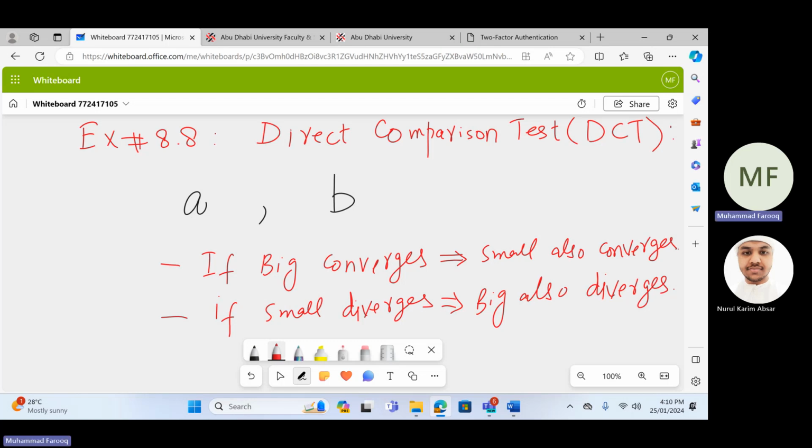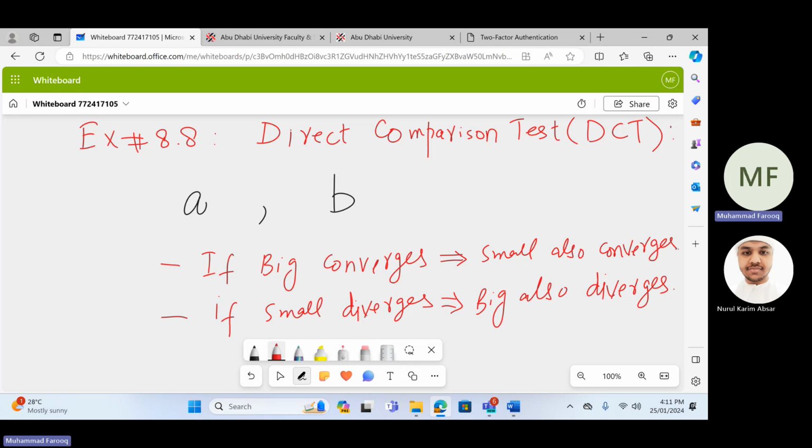Can you tell me what is the third situation you can get? If big diverges, is it available here? No, so it means DCT doesn't work. This test fails. We say inconclusive. We cannot decide whether the question converges or diverges.